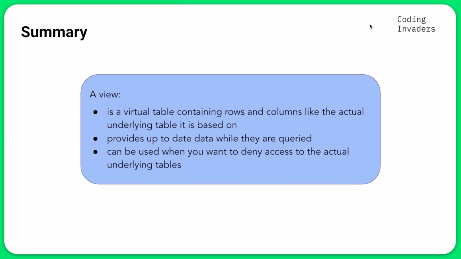Now let's check with the summary. A view is a virtual table containing rows and columns, just like the actual underlying table. So a view provides up-to-date data while they are queried. And a view can be used when you want to deny access to actual underlying table.